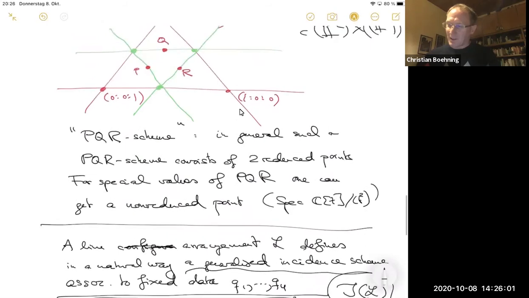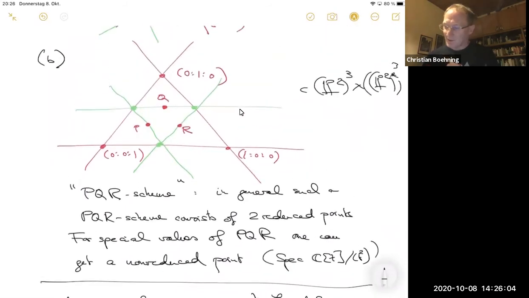So you successively enlarge your collection of points and lines starting from these 4 coordinate points, and you want to have that P, Q, R, these 3 points that give you your non-reduced PQR scheme, are constructible in say n steps, but these green lines of the PQR scheme contain no other points that have been constructed up to that step n.